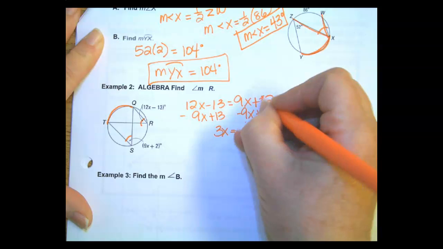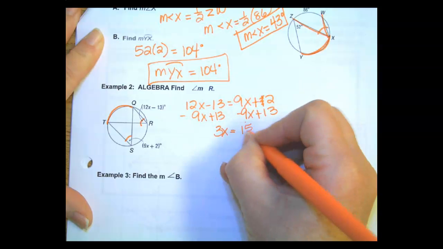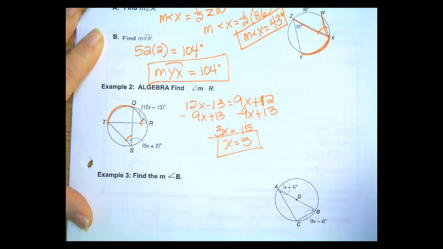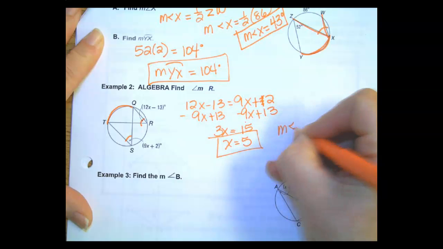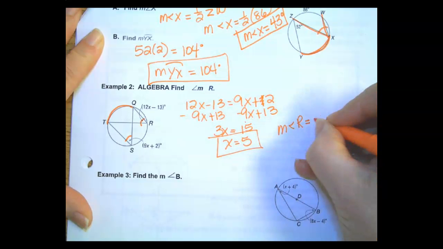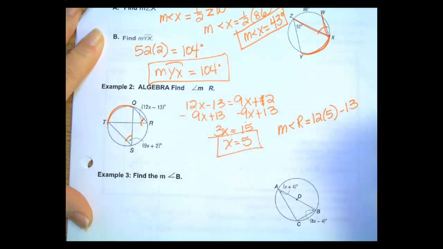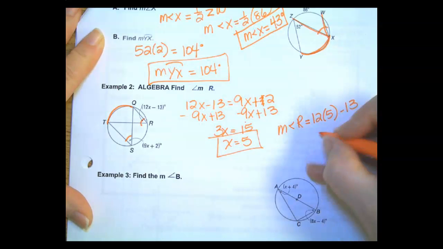That should be a 2. X equals 5. So we found X, and now substitute it in to find the measure of angle R, which is 12 times 5 minus 13, which is equal to 47.